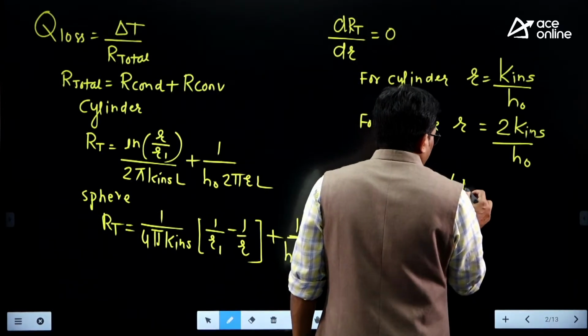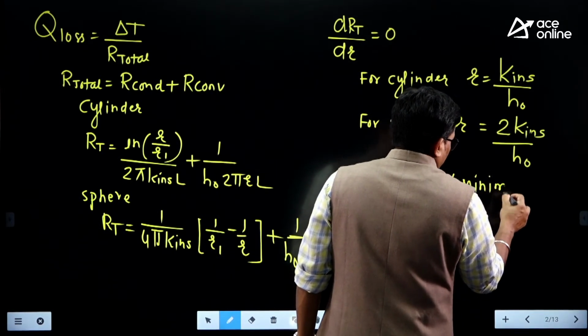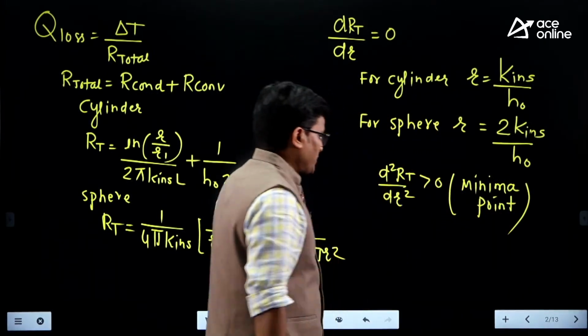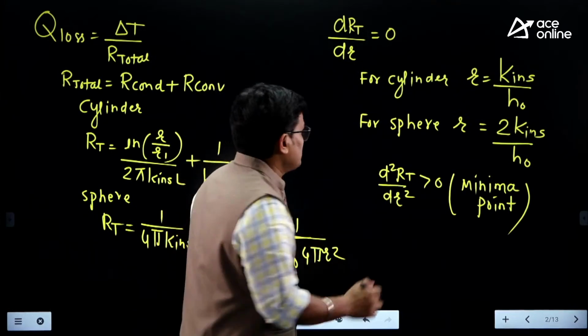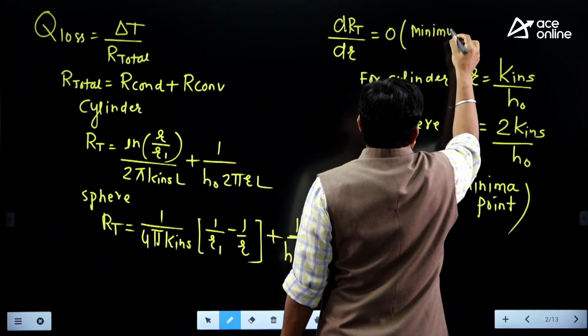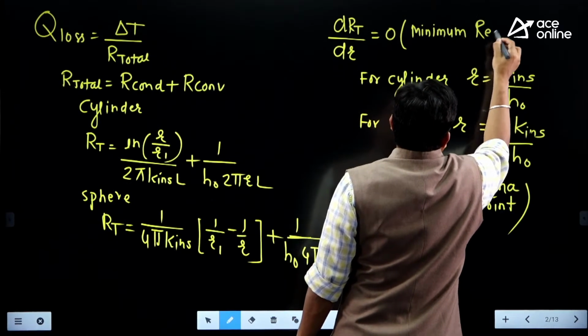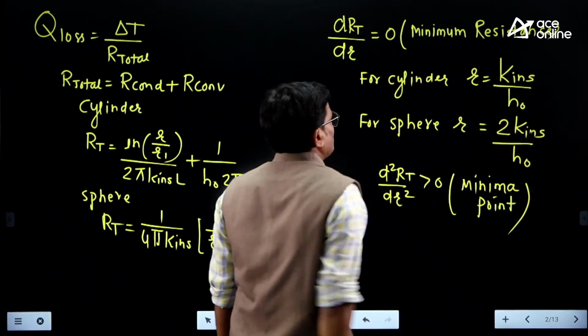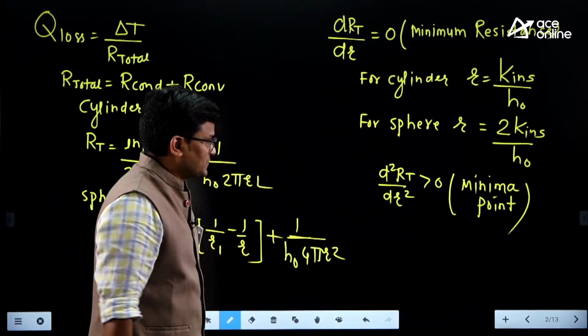If this is positive, it means this is a minima point. So hence this will indicate your minimum resistance.